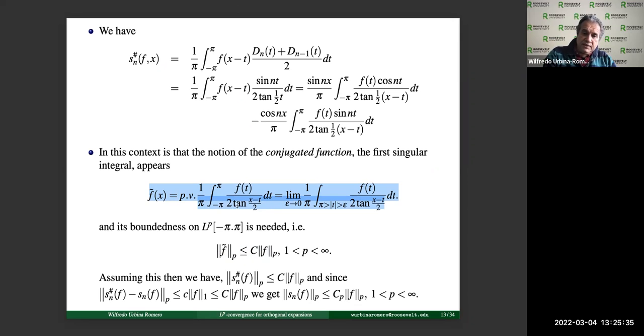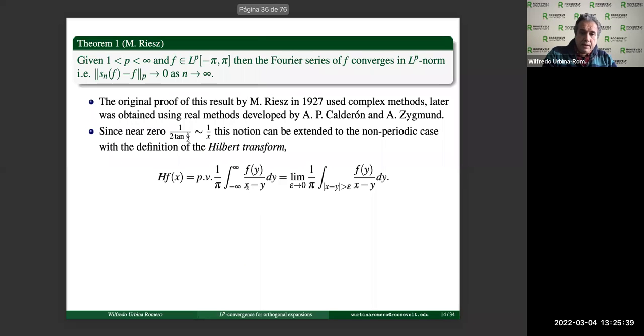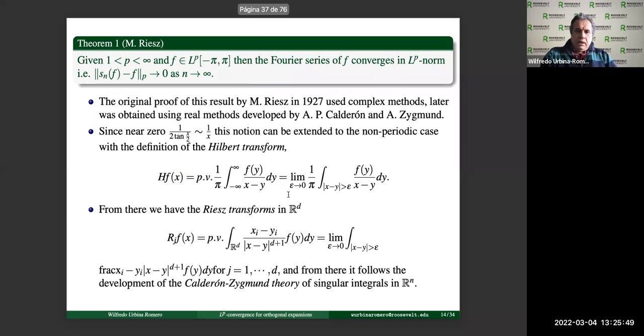Well, if you replace this guy by 1 over x and take the convolution, the Hilbert transform on the real line is this one. And from there, if you want to go to R^d, you consider the Riesz transforms, which are this guy. Oh, there is a problem here.